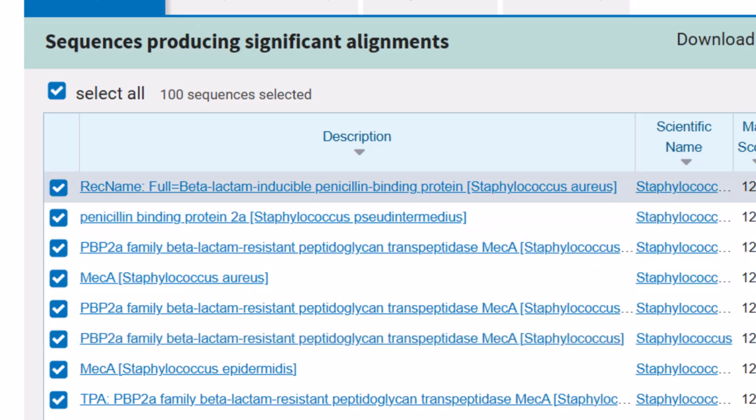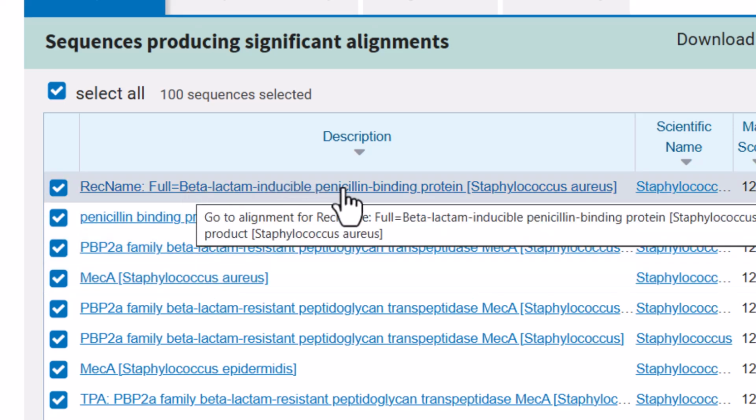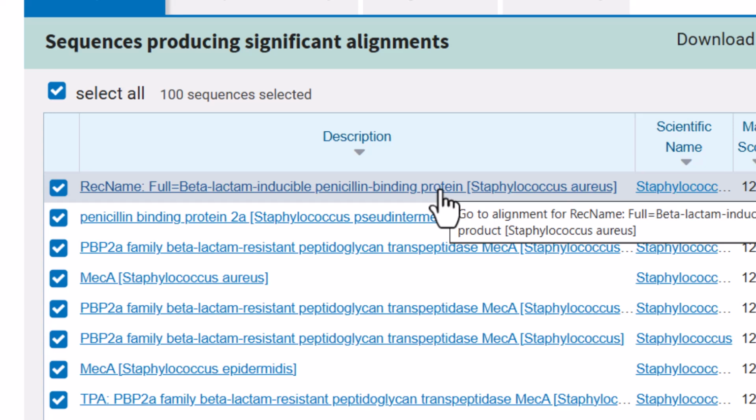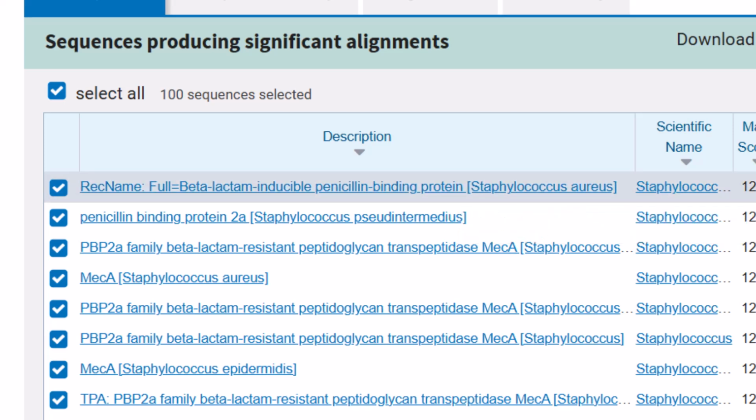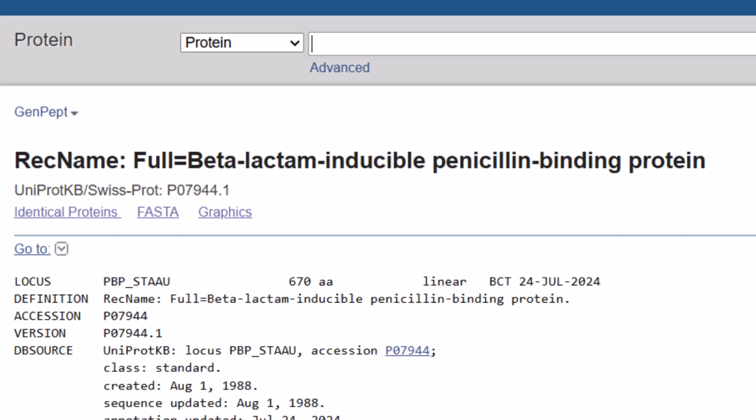We're still not quite sure what it does. It is a beta-lactam inducible penicillin binding protein. So just from the name we could deduce that this resistance protein binds penicillin so that the pathogen does not get killed by the antibiotic. I guess that's probably what it is, but let's do some more research here.